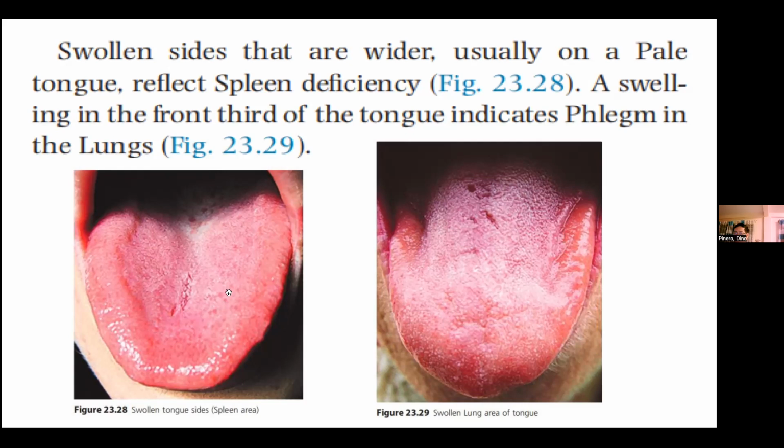So itong first picture, swollen tongue sides, yung spleen area, ito pong sides. Yung sa gitna po, yung may swelling. And yung next picture, kung observe po niyo mabuti, yung lung area which is the front third, ito lang po yung may swelling. Okay po?